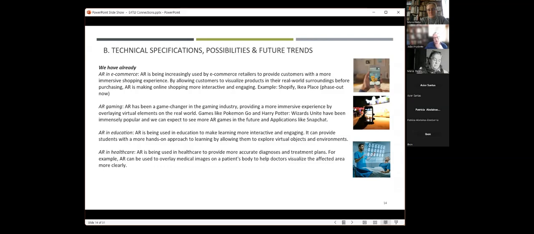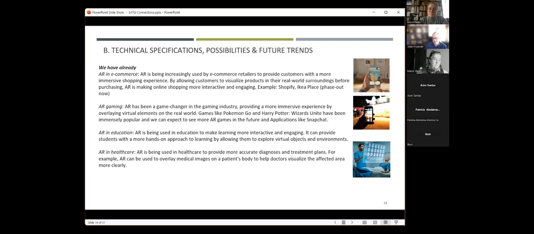Snapchat is evolving and having a lot of AR. AR in education will be the focus tomorrow and somehow Thursday.